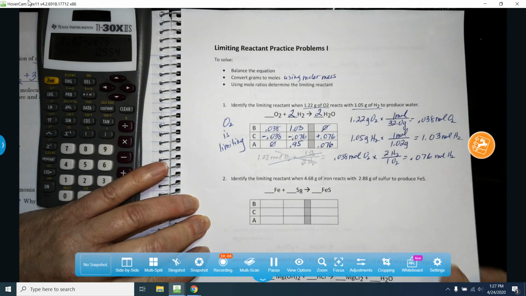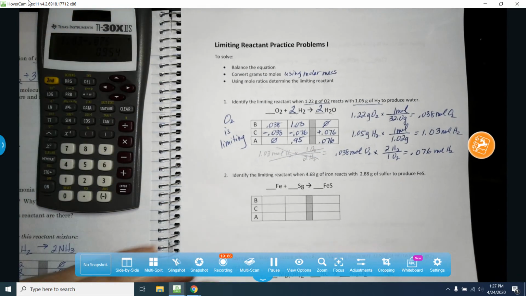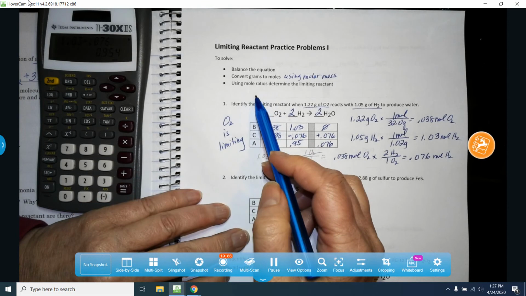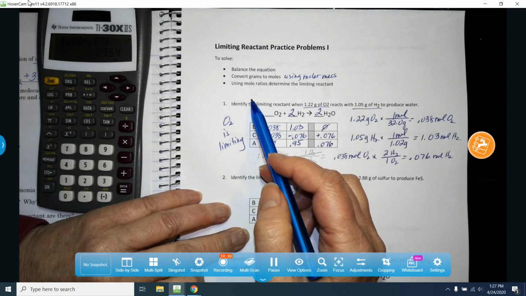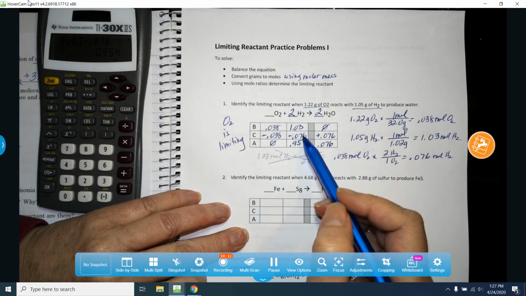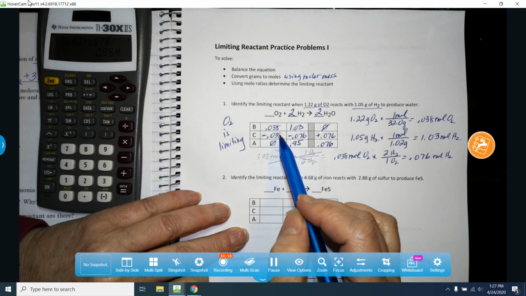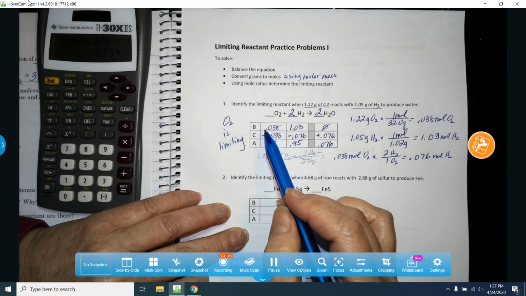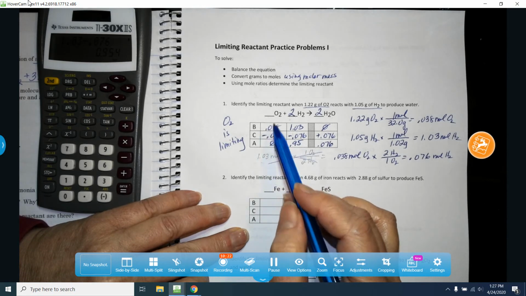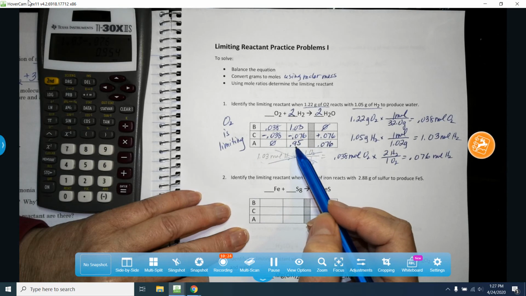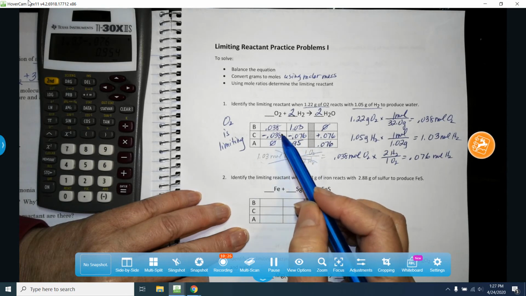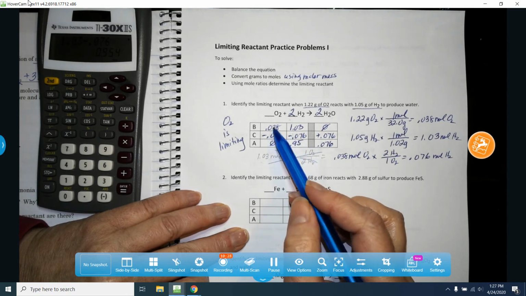Alrighty. Okay. So to find the limiting reactant, you're going to do it like a test, like how I did in pencil. Do a test to see if you do have enough of the other reactant, that the other reactant is in excess. Okay, the limiting reactant is the one that will run out.